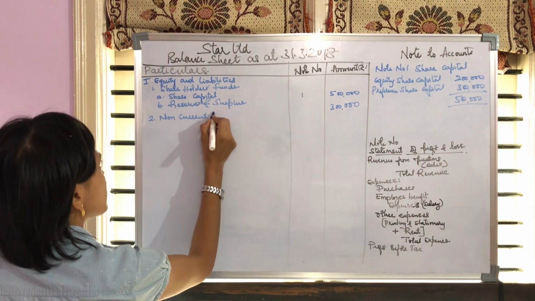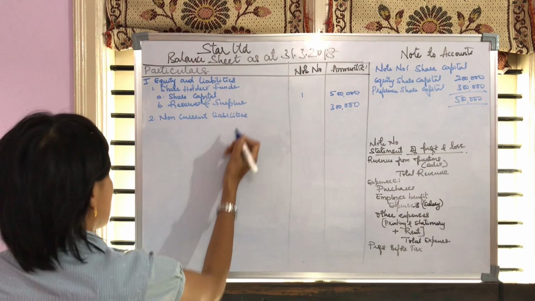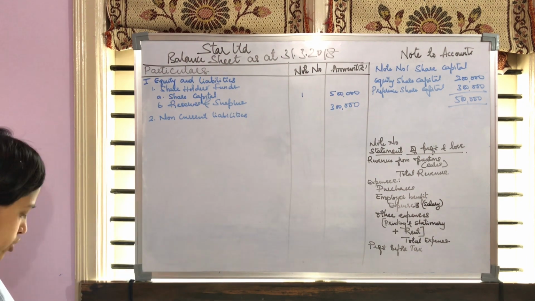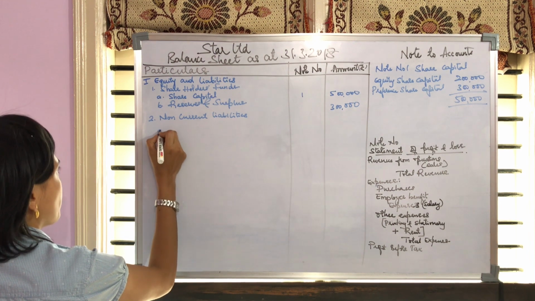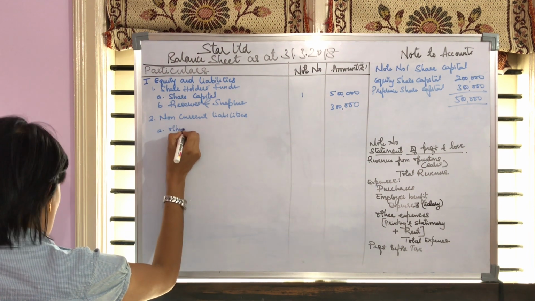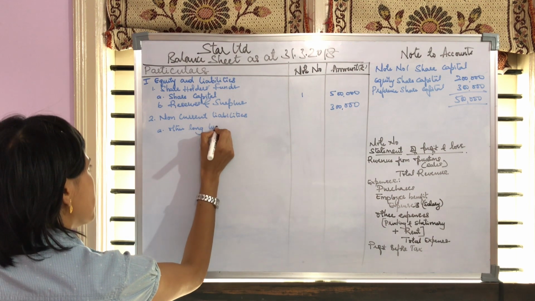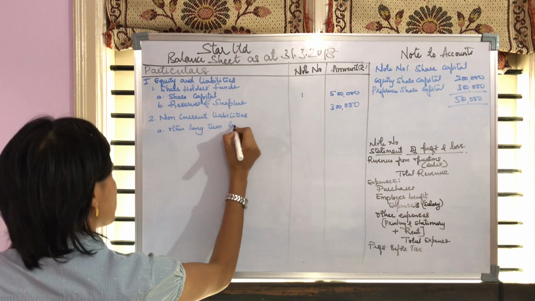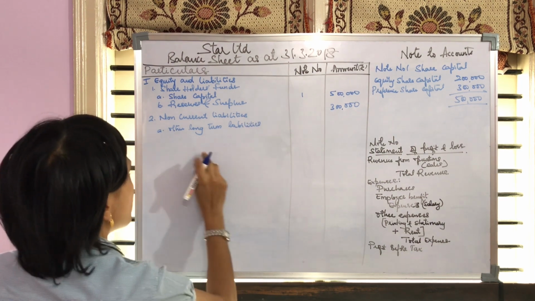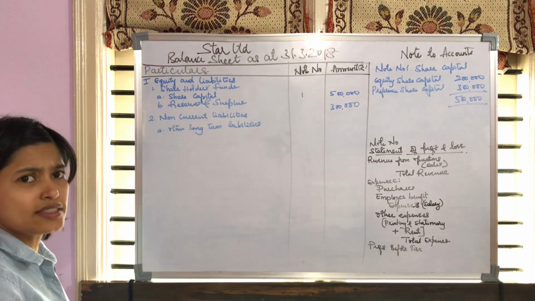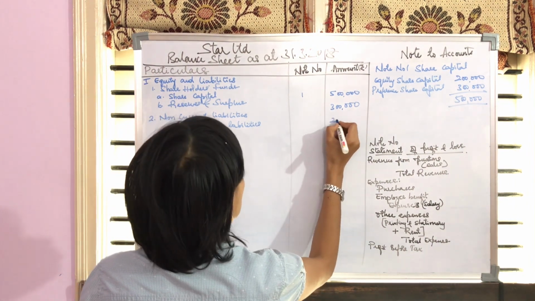Next we have non-current liabilities. So in the question they are mentioned about other non-current liabilities. So write it as other long-term liabilities. Under this we have other current liabilities amounting to rupees 2 lakh.